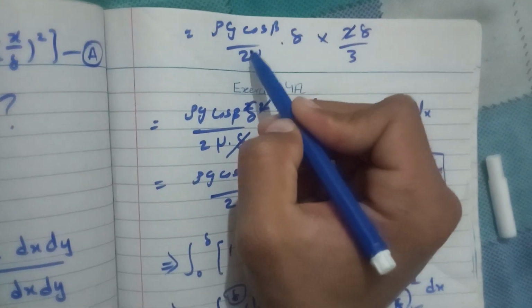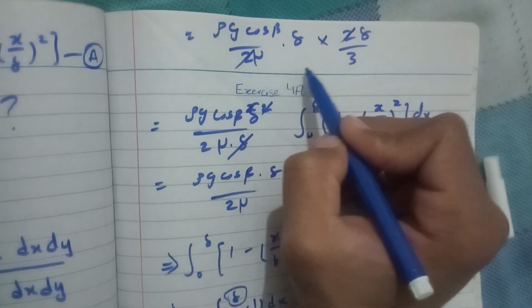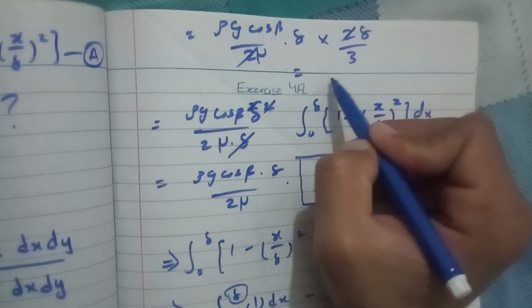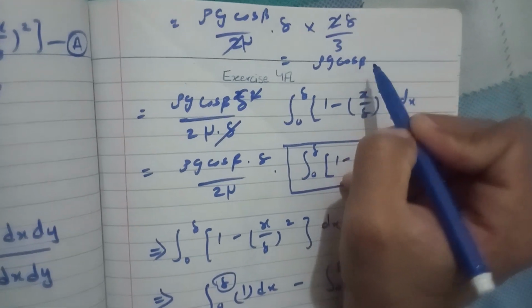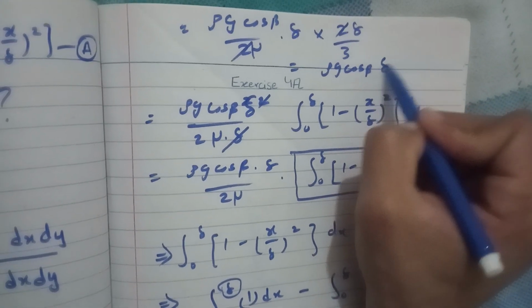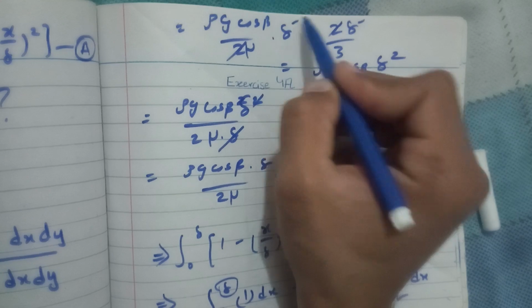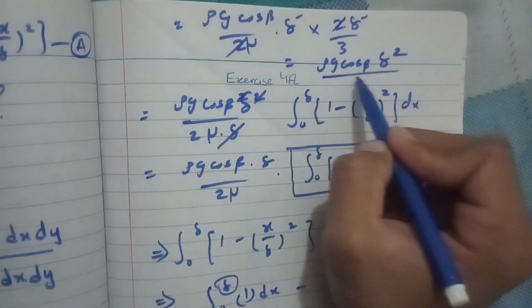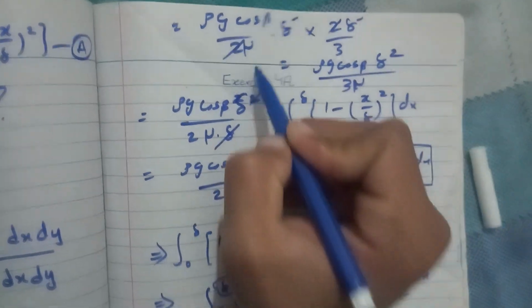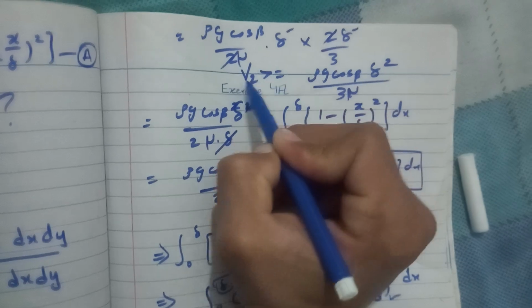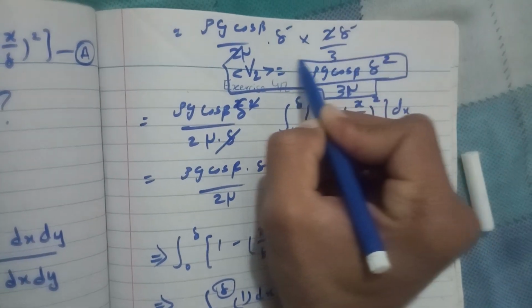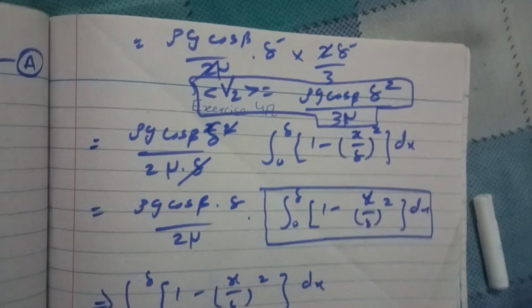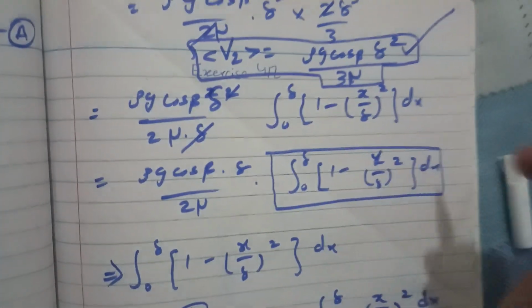This 2 will cancel out with the 2 in the denominator, and we have rho g cos of beta, and this delta and this delta will become delta square over 3 viscosity. So this is the average velocity which we were looking for. This is the equation of average velocity, so we have found it.